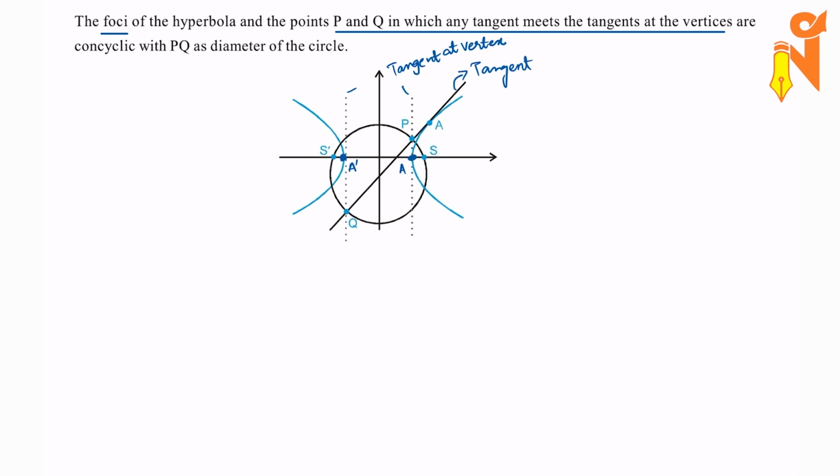A tangent passing through the vertex is called a tangent at vertex. So assume that P and Q are the two points where the tangent meets the tangents at the vertices. What they said is P, S, Q, S dash form a circle. They are concyclic, meaning those points lie on a circle having PQ as the diameter. Hope it is clear.